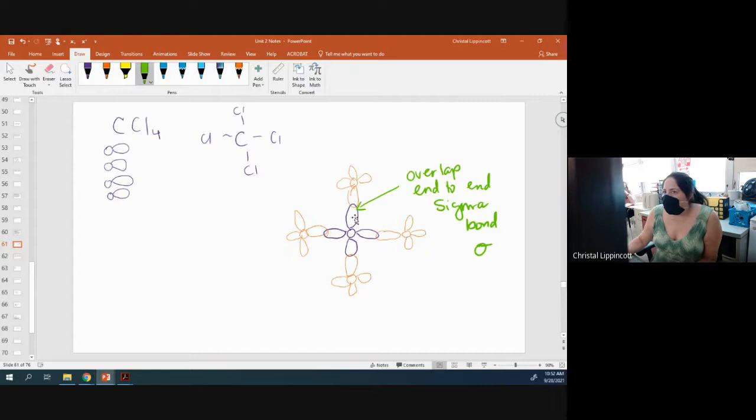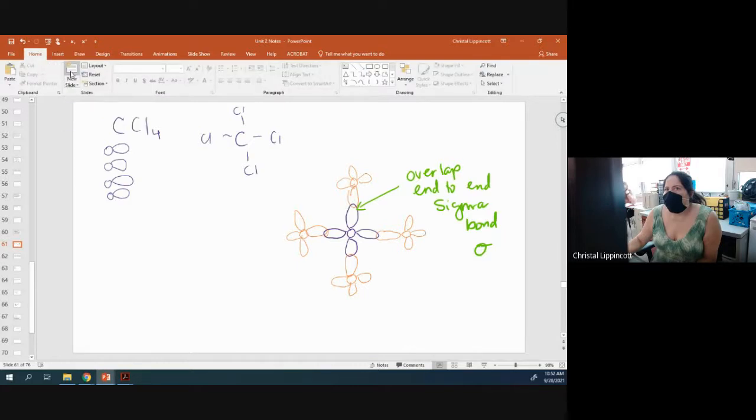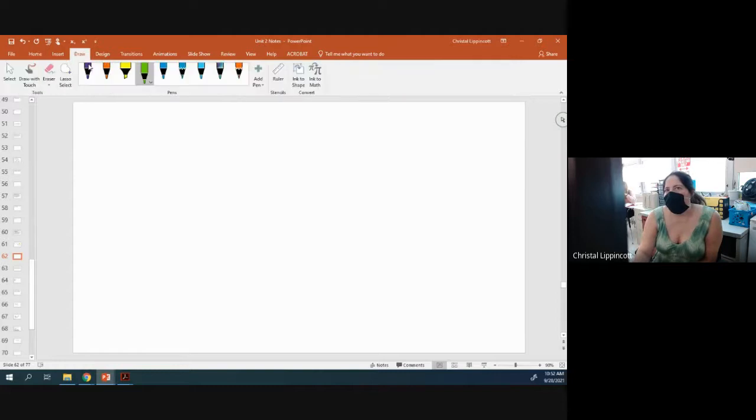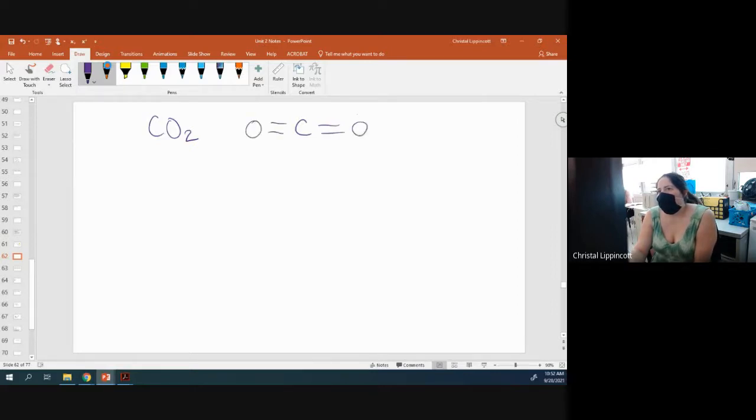We also have something called a pi bond. And the pi bond overlaps side to side. So now I'm going to do CO2 for you. If I draw the Lewis dot diagrams for CO2, it looks something like this.